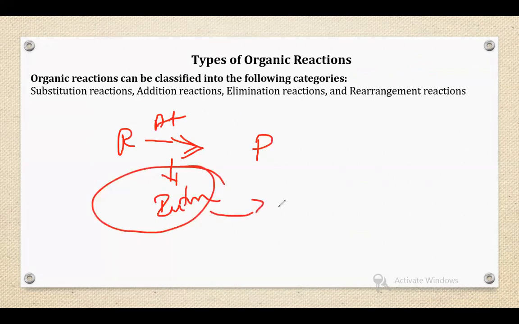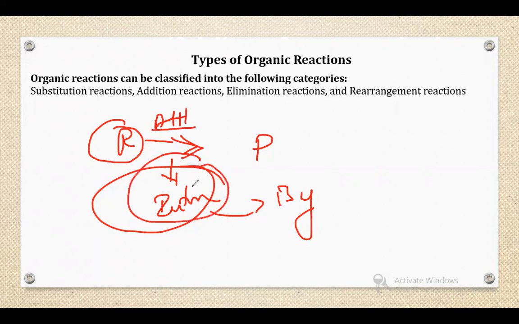From this we get the product along with a byproduct. In the reaction mechanism of an organic compound, in the presence of an attacking reagent, whether electrophile or nucleophile, it undergoes different transition states, forming the major product and the byproduct.